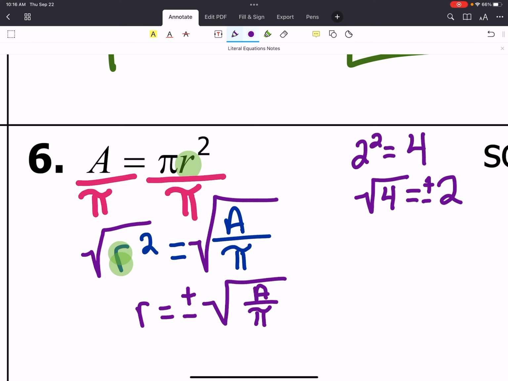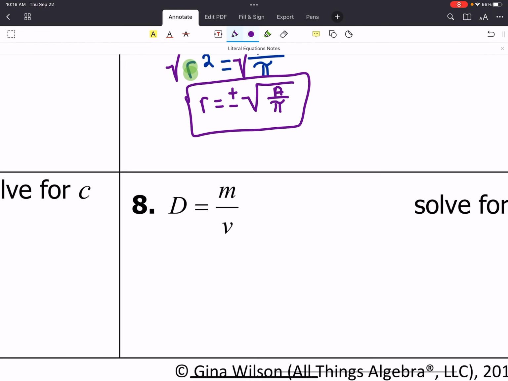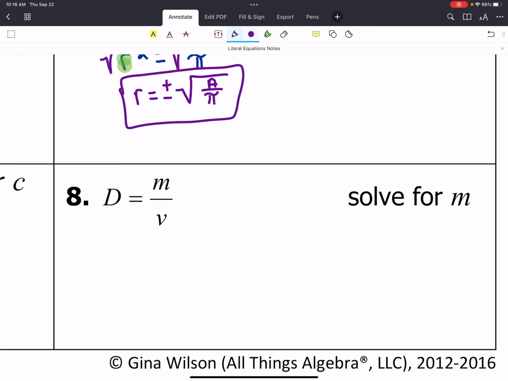Let's do one more from this page together. We box that one. Let's go to number 8. Number 8 says solve for M. And I don't know if you noticed, but a strategy I've used is I am highlighting what I'm solving for. I think it just makes things a little easier as we're moving variables across the equation.